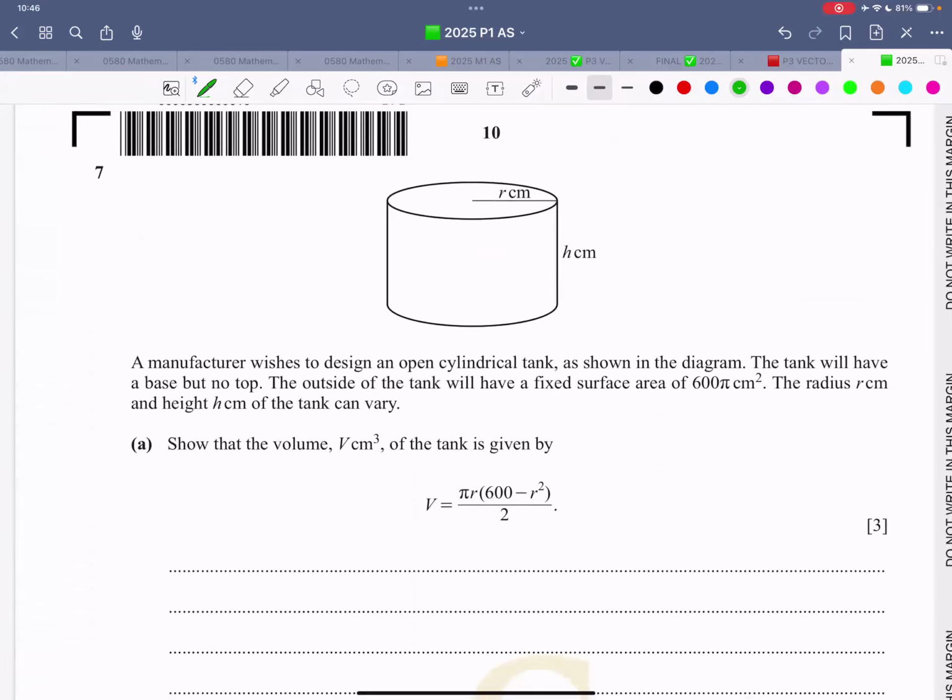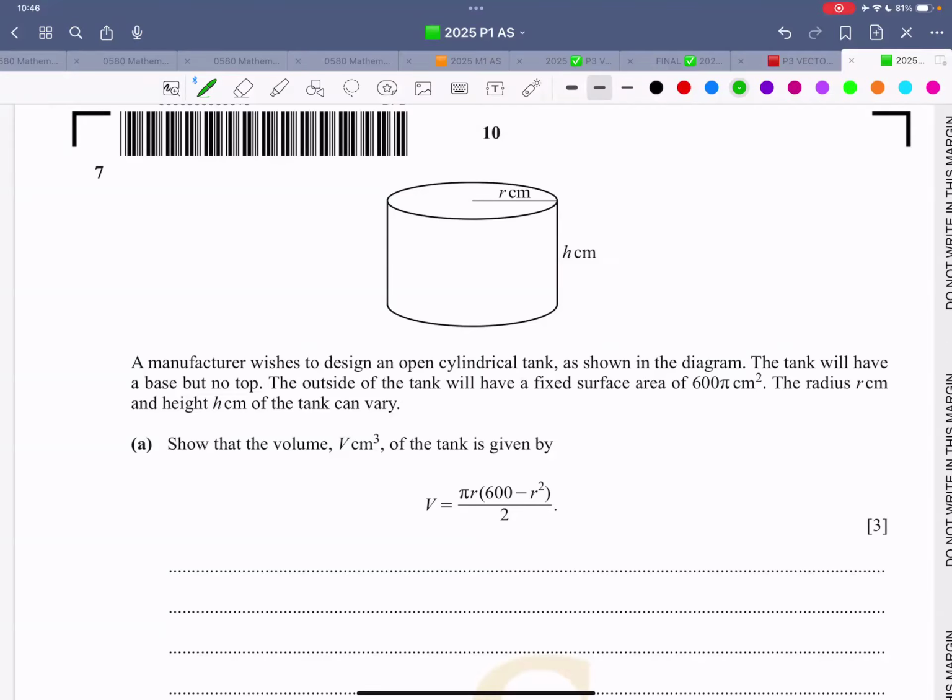Now, question number 7, what is it about? So first, read the question. Now it says a manufacturer wishes to design an open cylindrical tank as shown in the diagram.